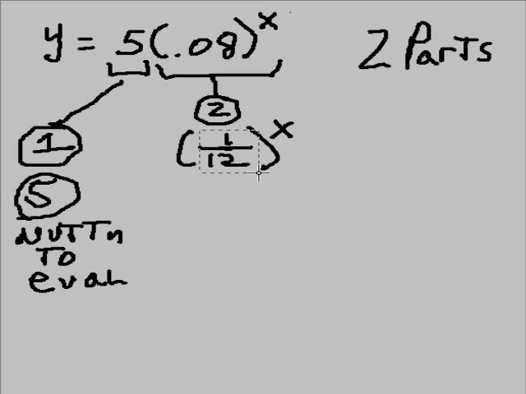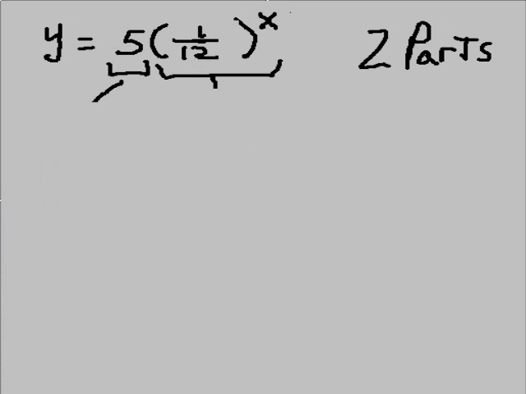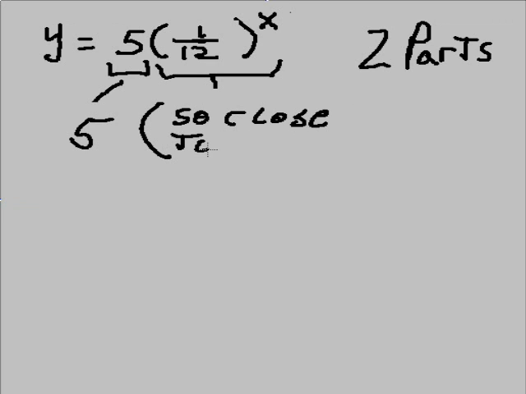Essentially, what's happening to our function here? Let's replace the 0.08 with its equivalent and evaluate. We've got 5 times something that eventually will come so close to 0 that it's just about 0.